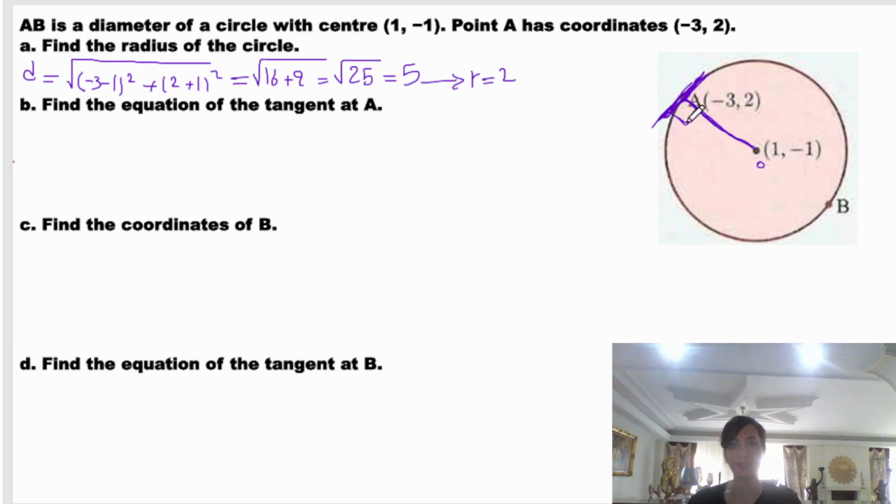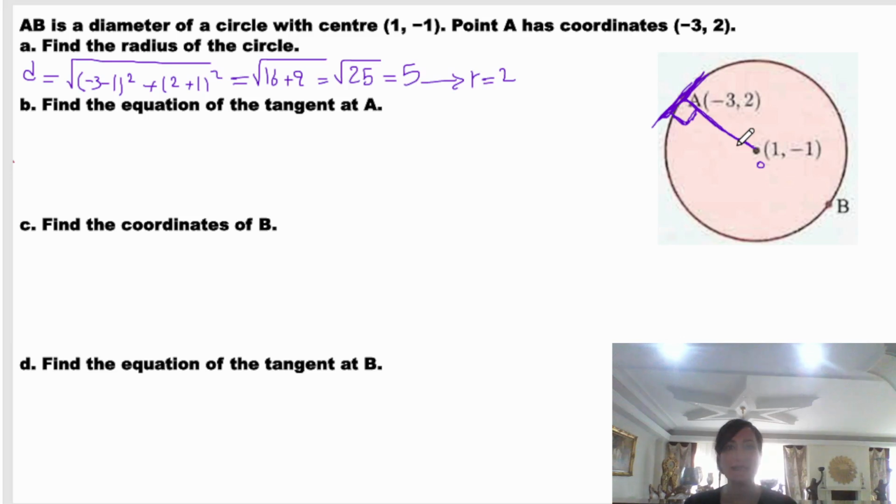So the tangent is a perpendicular line to the radius, or the line AO. If I find the gradient of AO, I can find the gradient of the tangent. Okay, I will go and find the gradient of AO.